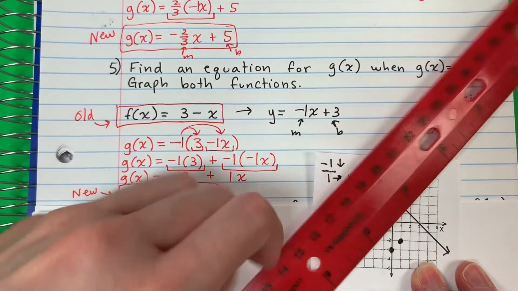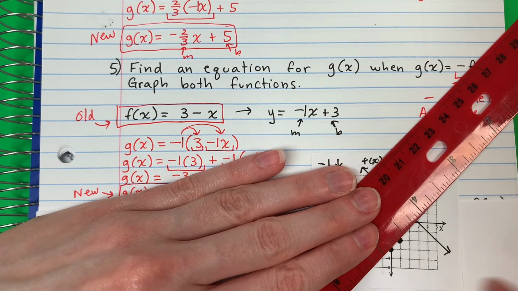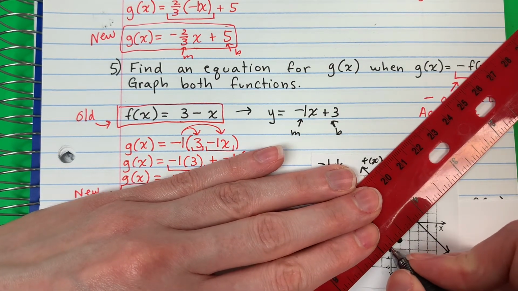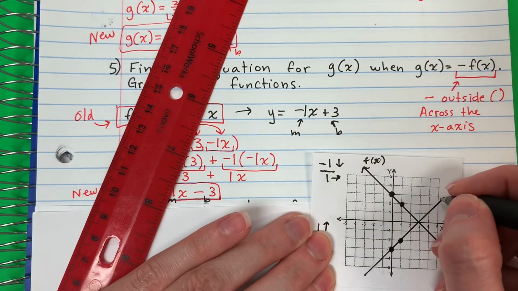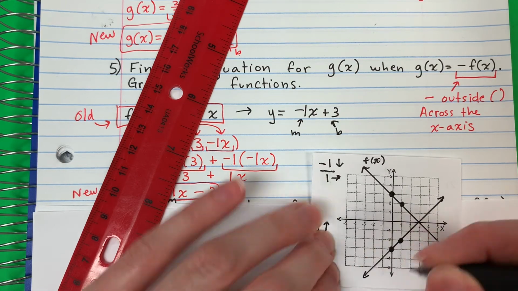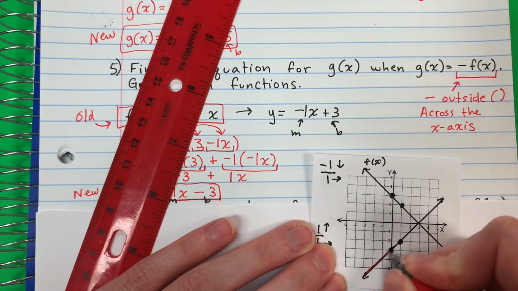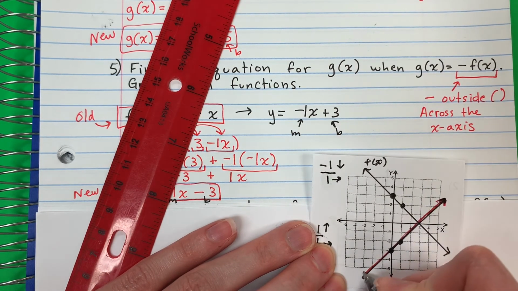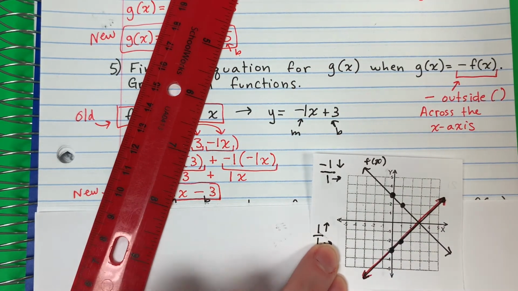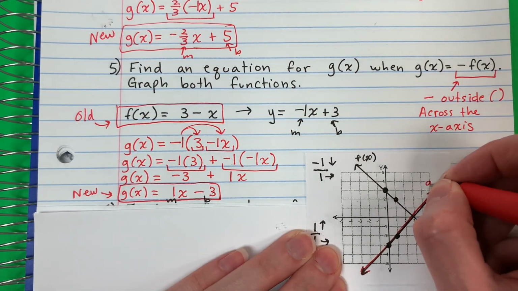We're going to go ahead and draw my line. Oops, I was supposed to do it with a different color, con diferente color, because it's a different one. So let me just do it in the red. Okay, this is the new one, la nueva, which is g of x.